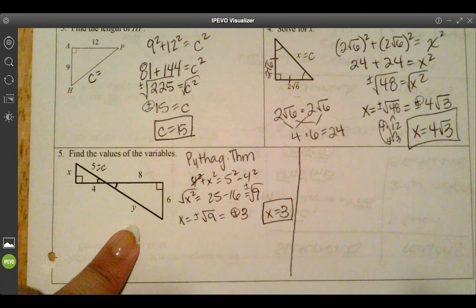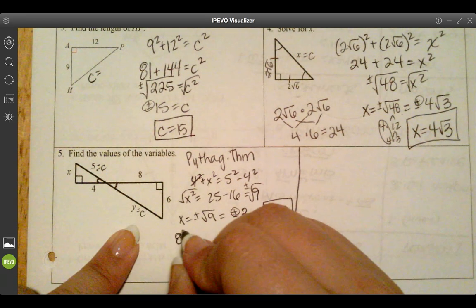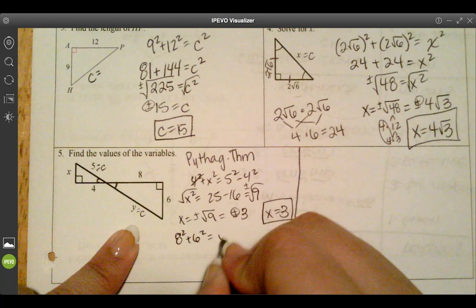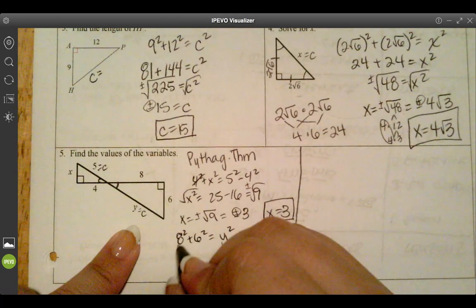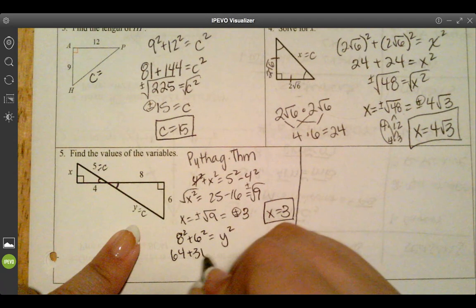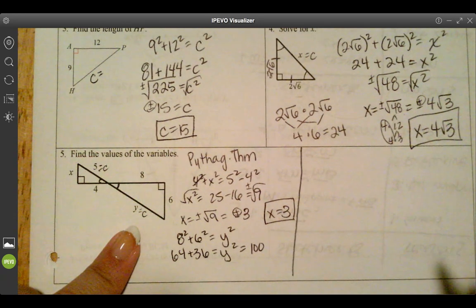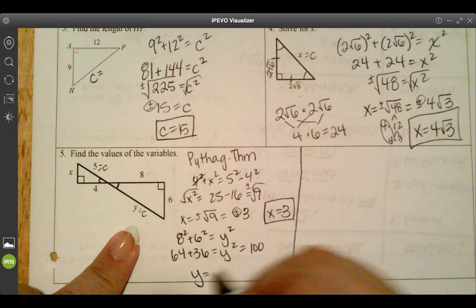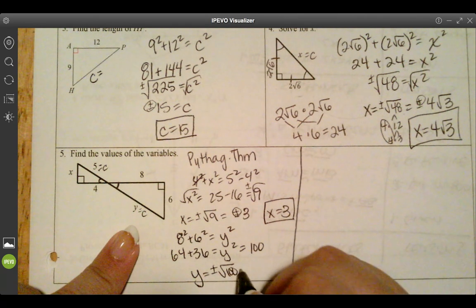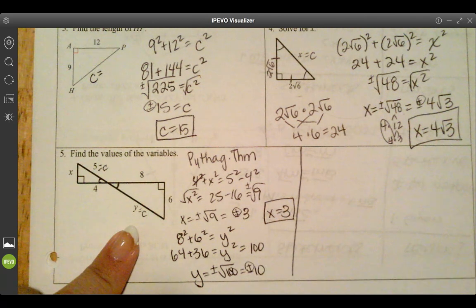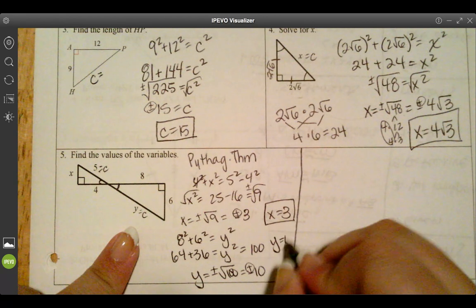We also need y, which is also the hypotenuse. So we say 8 squared plus 6 squared equals y squared. 64 plus 36 equals y squared. 64 plus 36 is 100. Y equals plus or minus the square root of 100, which is plus or minus 10. We need the positive one, so y equals 10.